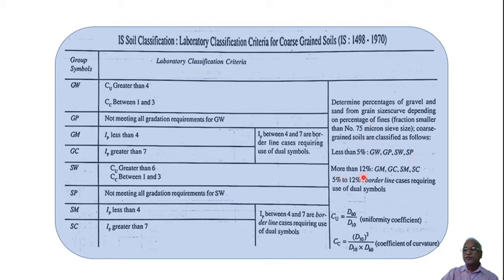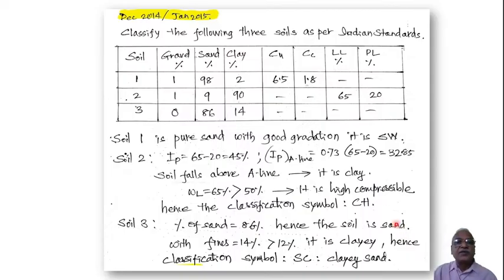More than 12%, then it will be silty or clayey. If between 5 and 12%, then it will be borderline classification. Okay. So Cu, you know the formula, D60 by D10. Cc is D30 square divided by D10 into D60. That is coefficient of curvature. Okay, we'll see the problem.